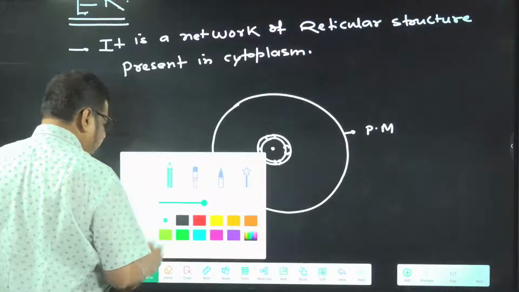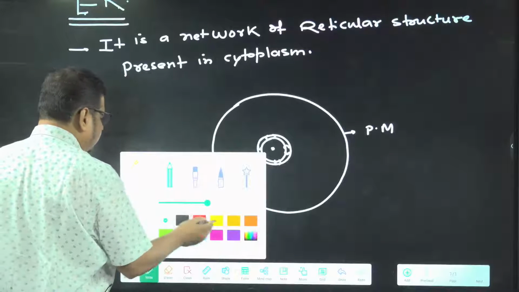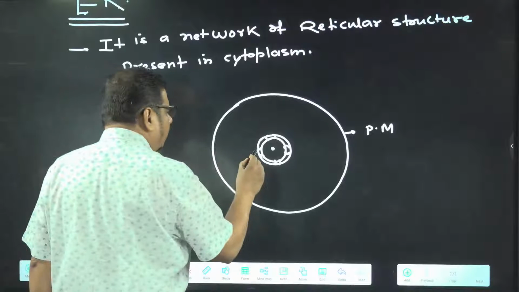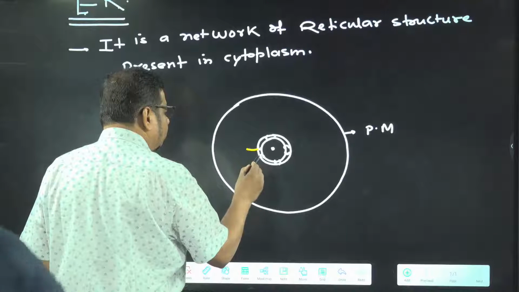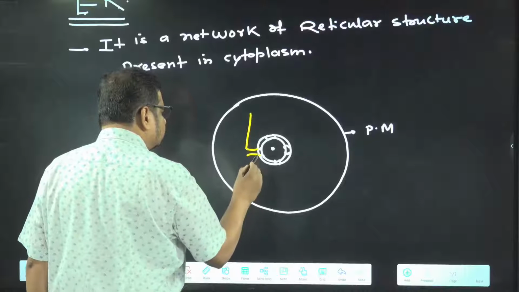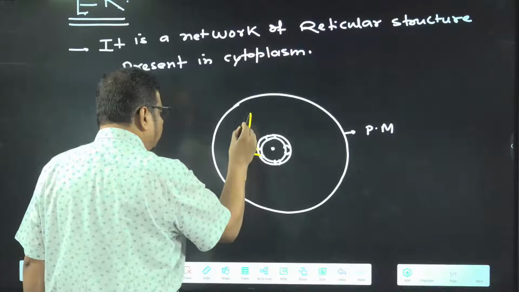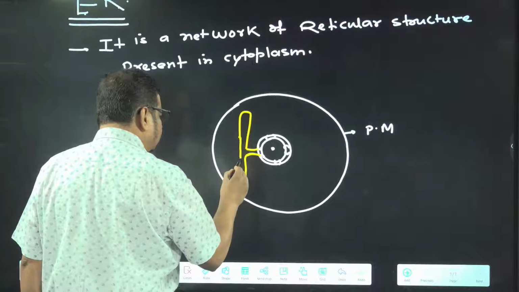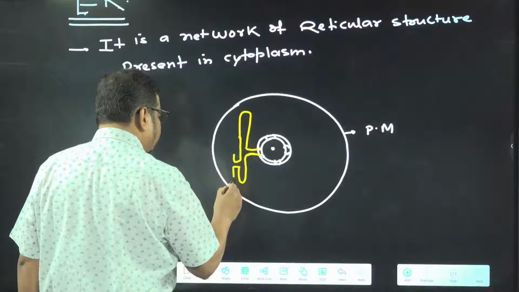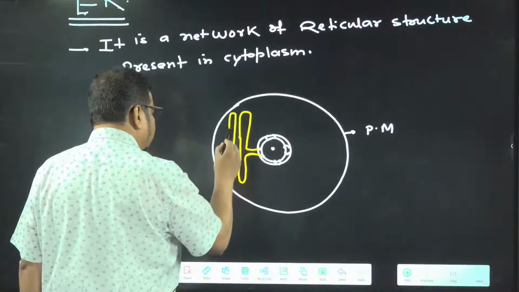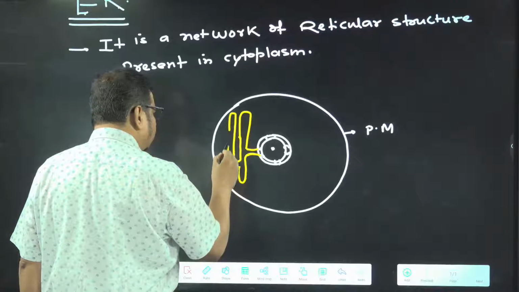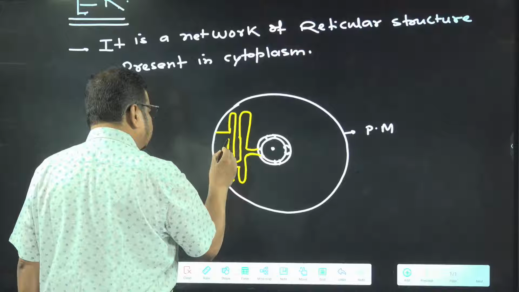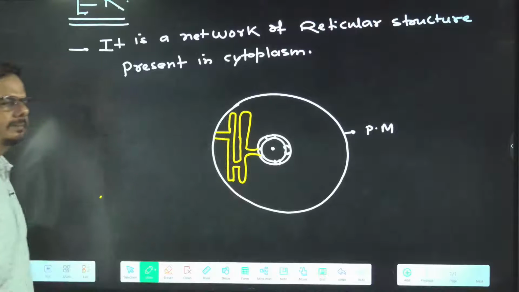Now just try to understand. From the outer membrane of the nucleus, a network of tubular structures assembles like this. And this is called the endoplasmic reticulum.